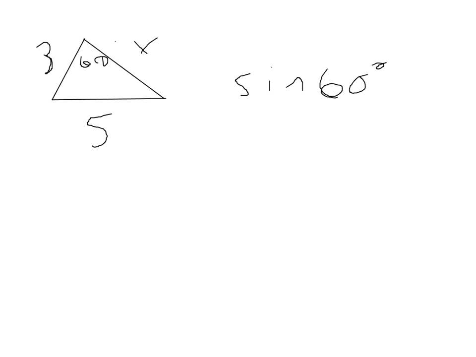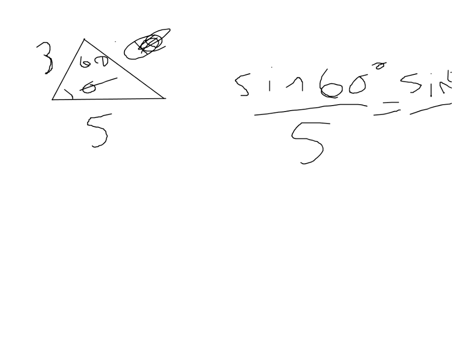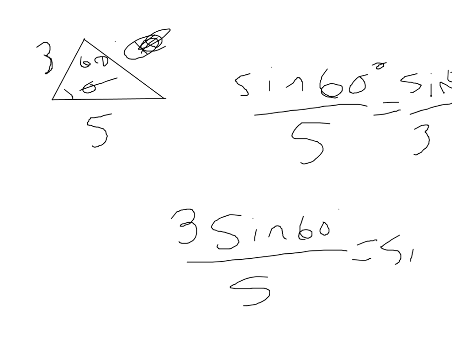Oh, I don't need to find that side. What I need to find is this angle. So sine of 60 degrees over 5 is equal to sine of that angle over 3. So what we get is 3 sine 60 over 5 equals sine theta.